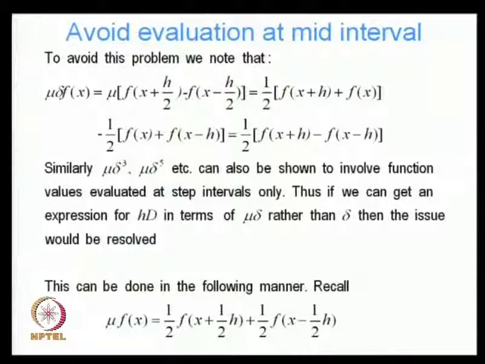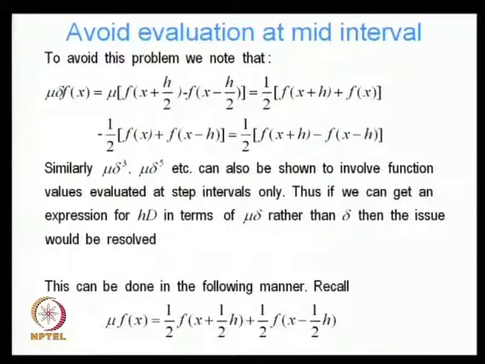If instead of directly applying the central difference operator, we apply the central difference operator first and then use the averaging operator, then we can get it in terms of the grid point values, f of x plus h and f of x minus h. Similarly, we can show that mu delta cube, that is mu operating on delta operated 3 times, or mu delta to the power 5, mu operating on delta after it has been operated 5 times, can also be shown to involve function values evaluated at step intervals only.